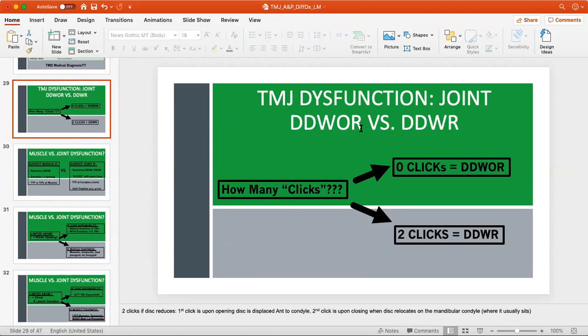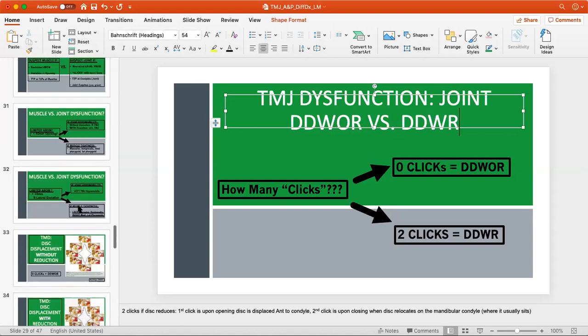So just to keep it a little bit less wordy, we'll abbreviate these disc disorders as DDWOR versus DDWR. And what those stand for is disc displacement without reduction versus disc displacement with reduction.